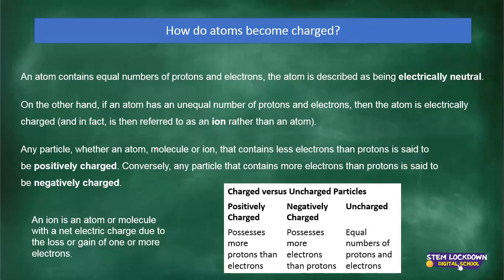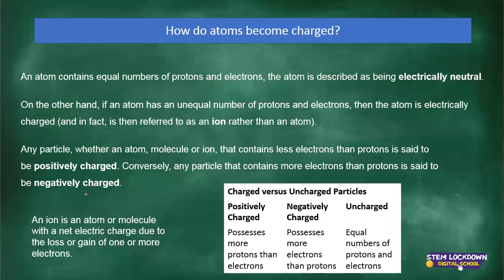Any particle, whether an atom, a molecule, or an ion, that contains fewer electrons than protons is said to be positively charged. Remember this: fewer electrons than protons means it is positively charged. The opposite, more electrons than protons, means it is negatively charged.